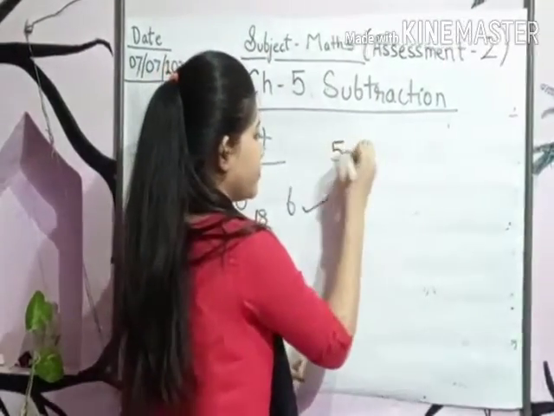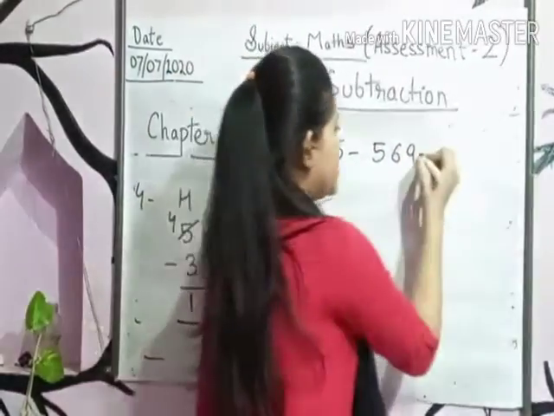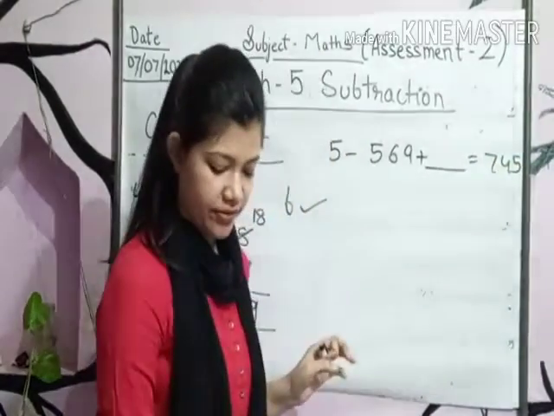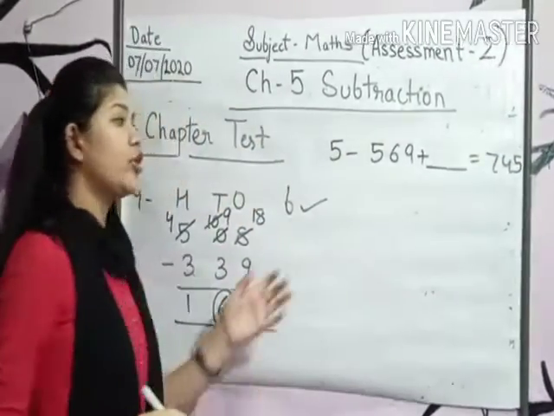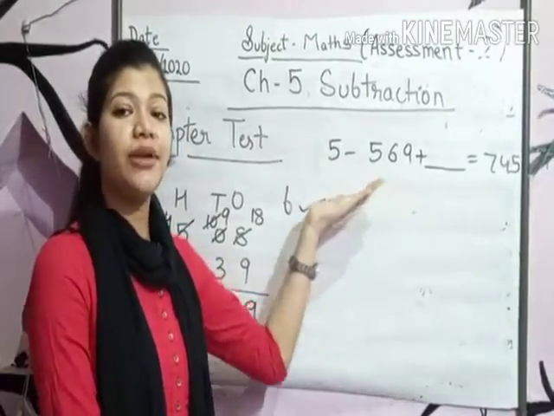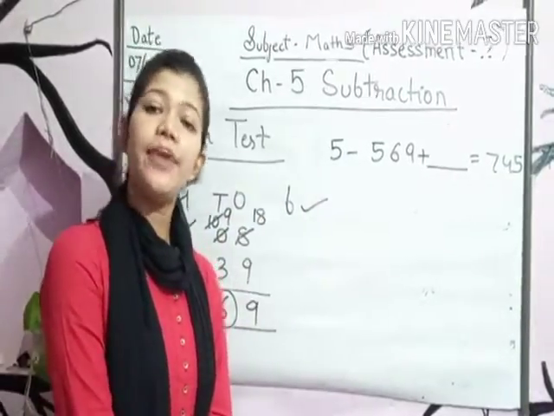569 plus dash is equal to 745. Yes. Okay. Now we know that how to find out the missing number. This is the relation between addition and subtraction, which we have just learned earlier in our previous video.